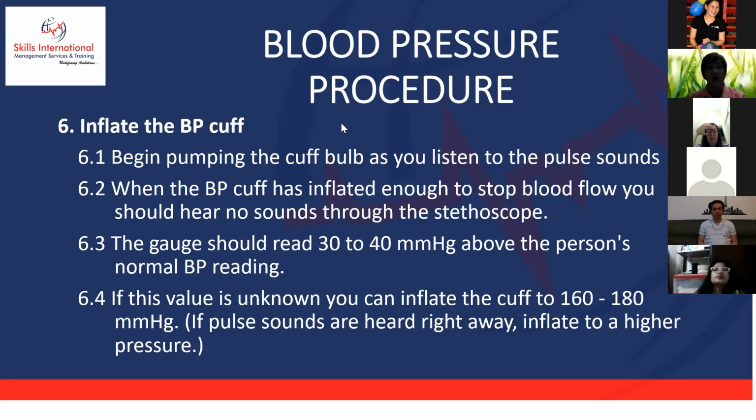You must be sure you are hearing the brachial pulse when pumping the BP cuff. When the cuff has inflated enough to stop the blood flow, you should hear no sounds through the stethoscope. But the gauge should read 30 to 40 millimeters of mercury above the person's normal BP reading.